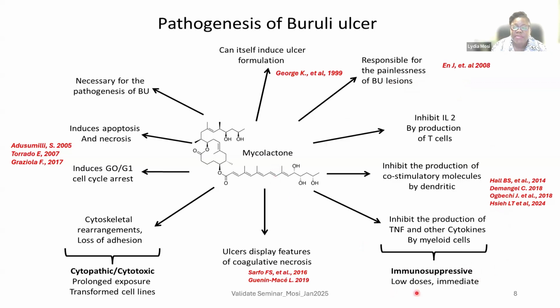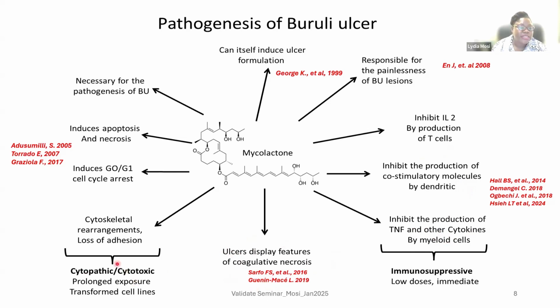And whether it's delivered in low doses or in high doses, mycolactone is capable of inhibiting T-cell production, inhibiting the production of co-stimulatory molecules by dendritic cells, and also inhibiting the production of other cytokine molecules. In all of this as well, mycolactone has been shown to be responsible for the coagulative necrosis that is found in ulcers. And Fred Saffo and other researchers have been able to show this in very beautiful experiments.